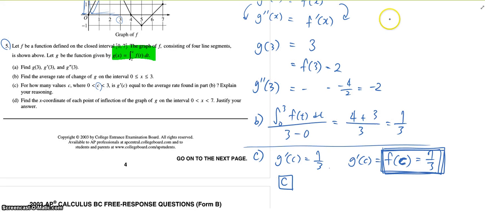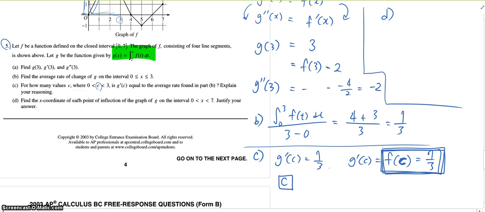So part D now. Find the x-coordinate of each point of inflection. A point of inflection is where the concavity changes. So basically the second derivative should equal 0, and from left to right, the sign should change to the opposite sign. We have to find the point of inflection of the graph of g.